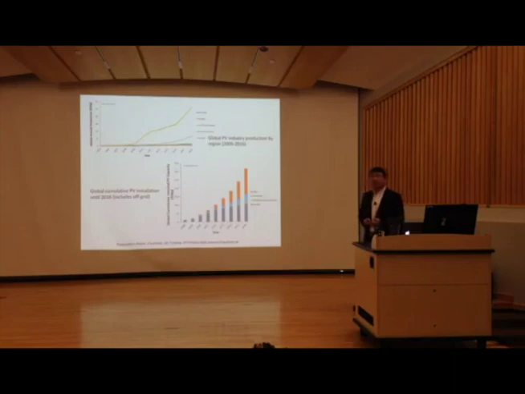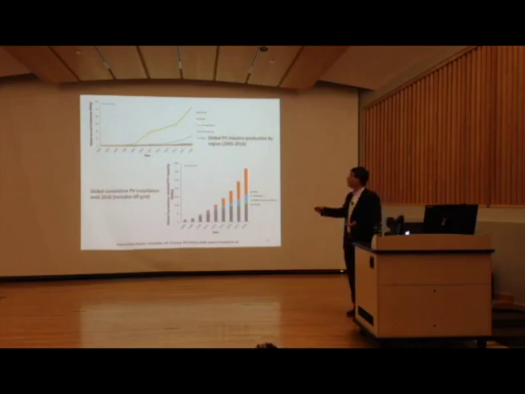And you may see that this line represents the production of PV panels in China and Taiwan. You may wonder why in China and Taiwan at that time there was a sudden shoot up, not in the United States or Europe. I think probably there's a little story over there.